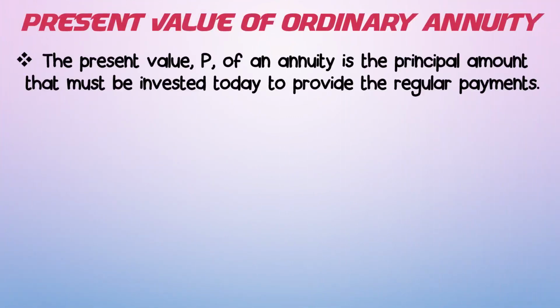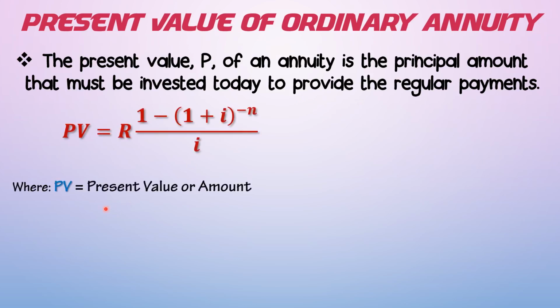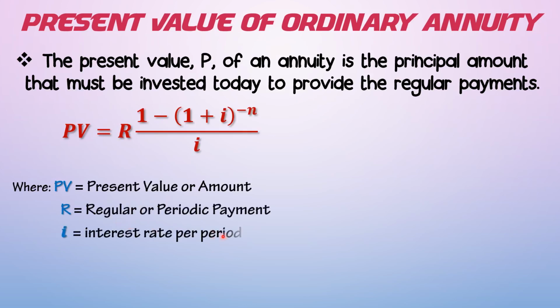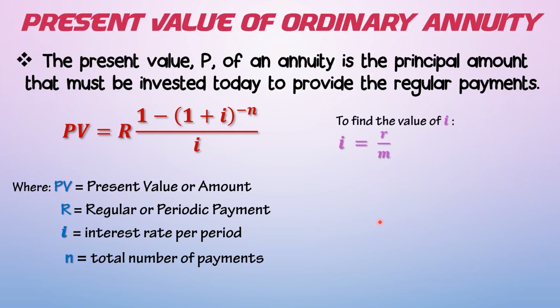Okay, let's have now the present value of ordinary annuity. So the present value P of an annuity is the principal amount that must be invested today to provide the regular payment. So this will be your formula. Again, P is your present value or amount, R is your regular or periodic payment, I is the interest rate per period, and then N is the total number of payments.